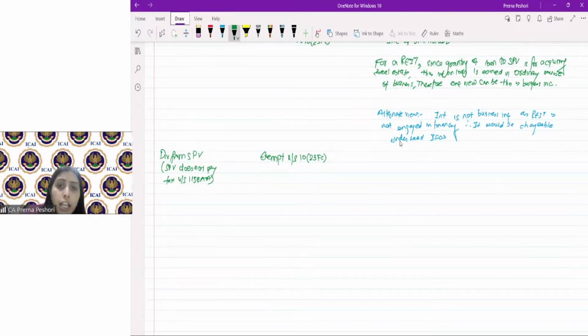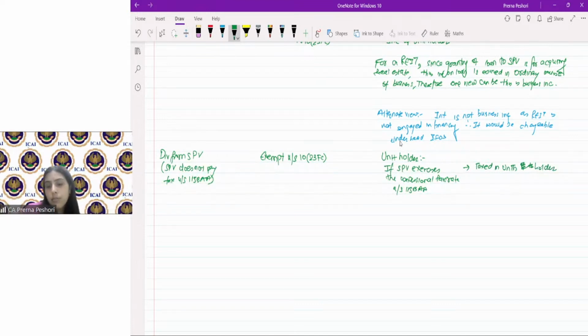Right? But for the unit holder, if the SPV exercises the concessional tax rate under section 115BAA, then it is taxed in the hands of the unit holder.